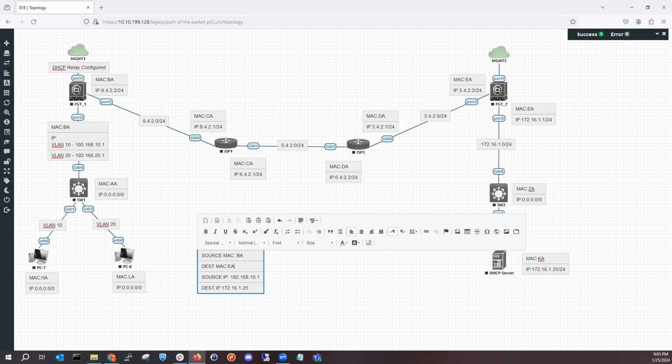It would have to question the FortiGate 2's ARP table to see what MAC address is tied to that IP address. So that is the reason why I switched my answer from the MAC address of the DHCP server to the FortiGate 2. Okay.